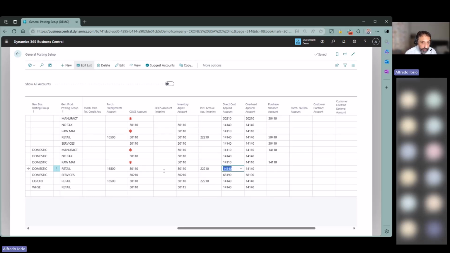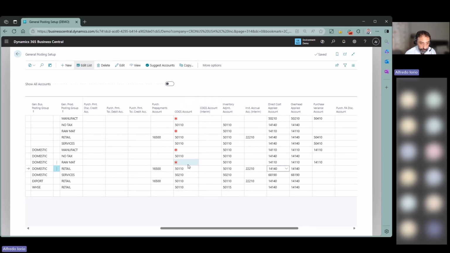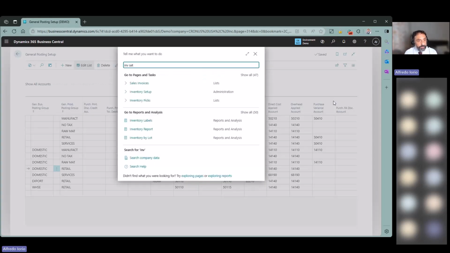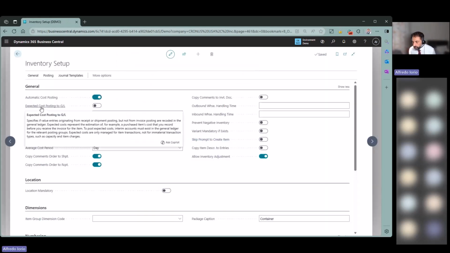The next part that I want to talk about is the cost of goods sold account, which is the cost of sales of items that are shipped and invoiced. In Business Central, we also have inventory interim and cost of sales interim, because Business Central can post inventory movements to interim accounts if we enable, on the inventory setup, expected cost post into the GL.